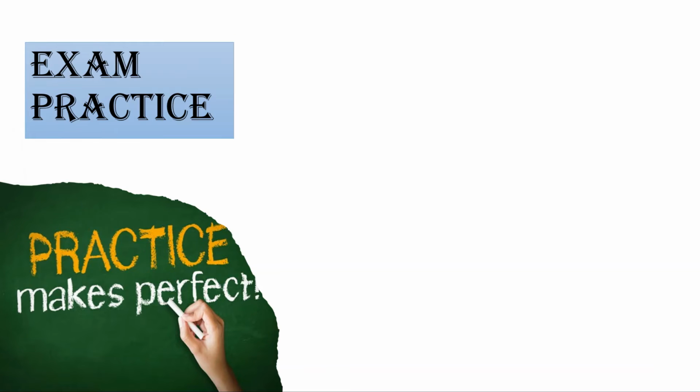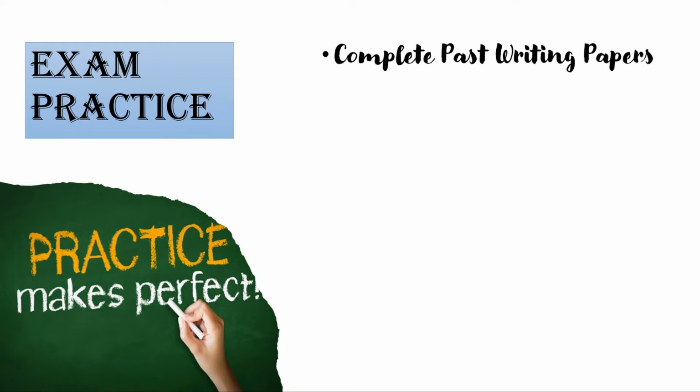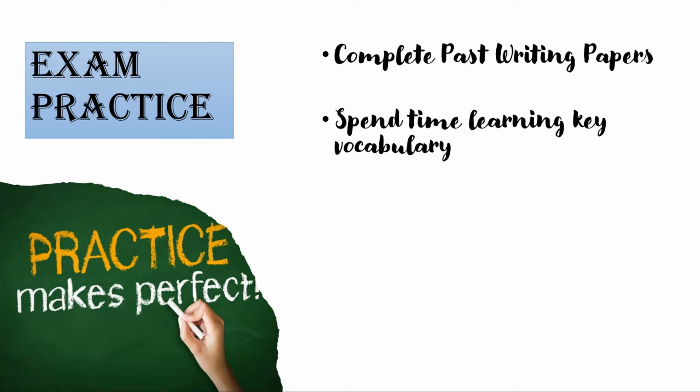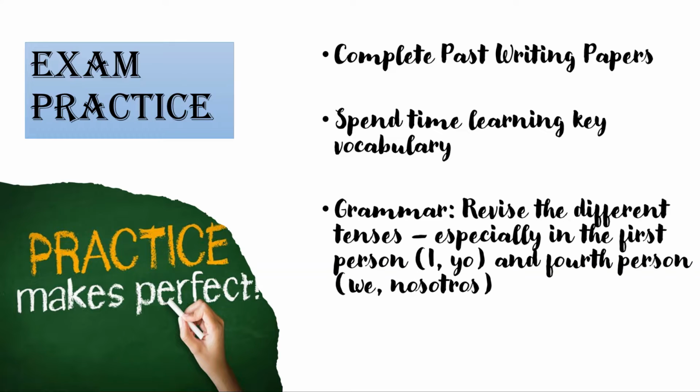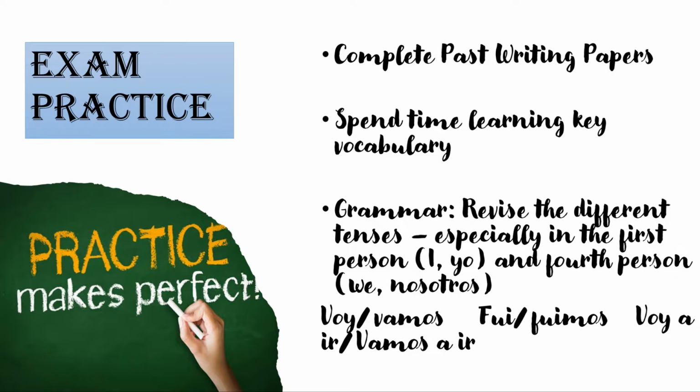Bien, so exam practice. Most important thing, I don't know if you've done so already, is to complete past writing papers. Spend time learning key vocabulary and revise the different tenses, especially in the first person and fourth person. Voy, vamos, fui, fuimos, voy a ir, vamos a ir.